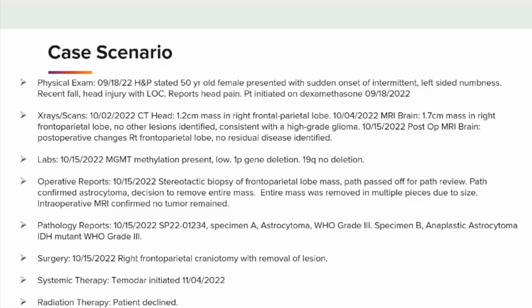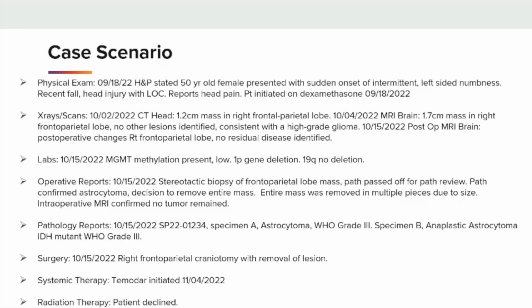The post-op MRI brain showed post-operative changes of right frontoparietal lobe, no residual disease identified. On the labs, the MGMT was methylation present and low, 1P gene deletion, and 19Q no deletion.